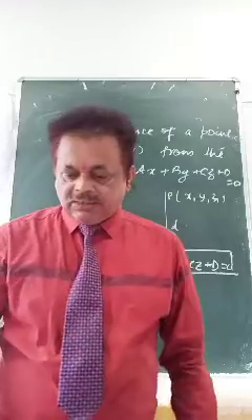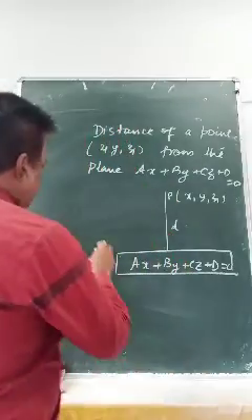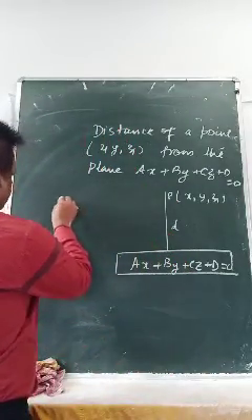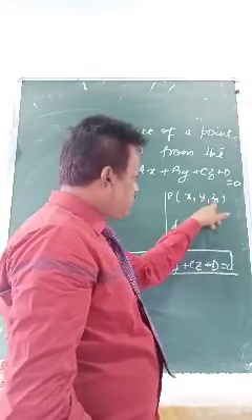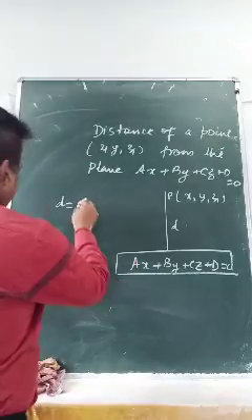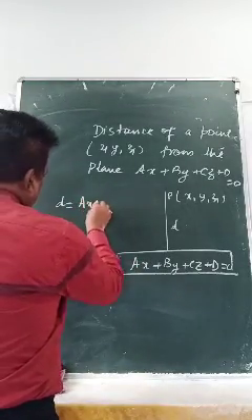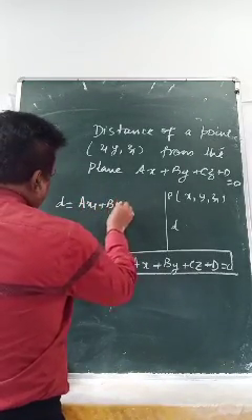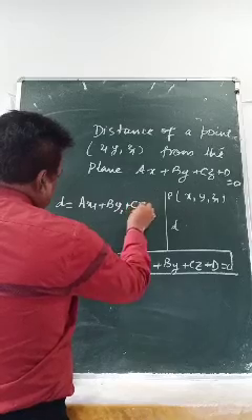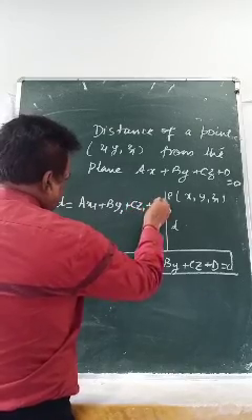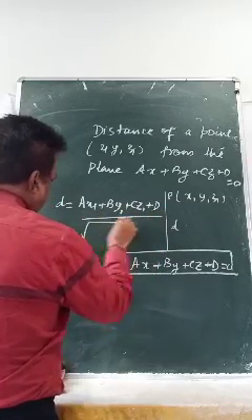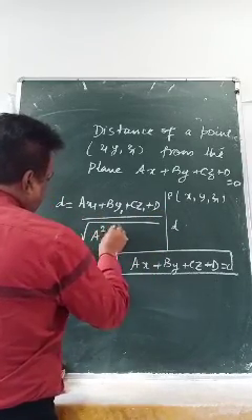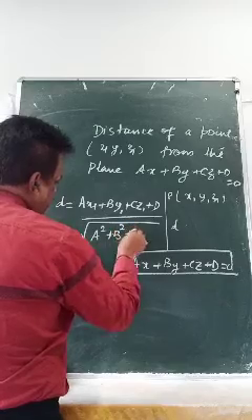So a short formula comes on this. So d equals to, x, y, z replaced by x1, y1, z1. So ax1 + by1 + cz1 + d divided by the square root of a square plus b square plus c square.